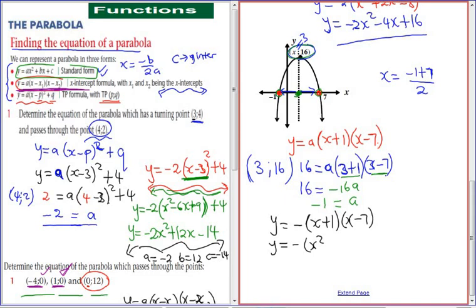When I do this, that's -7x, and plus x. So I'm going to just write it as -6x minus 7. So the final answer for this one should be -x squared plus 6x plus 7. Okay? So that is all for determining the equation of the parabola.